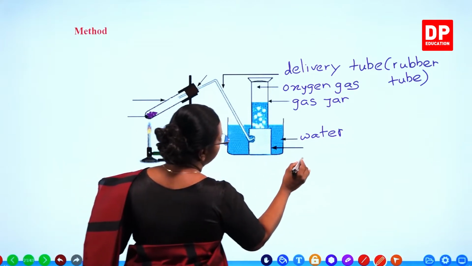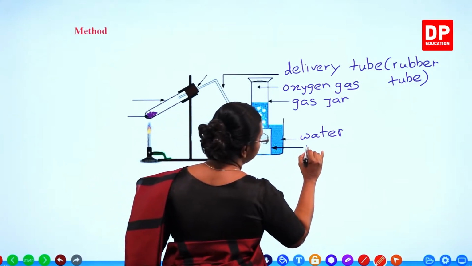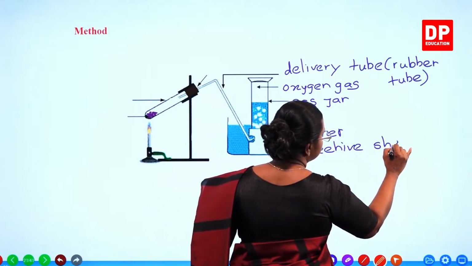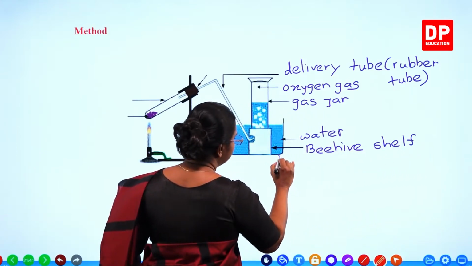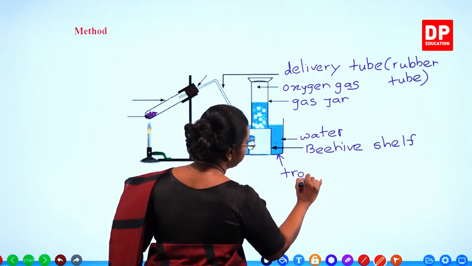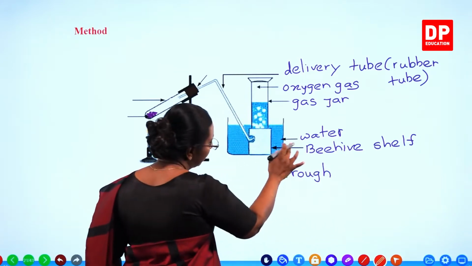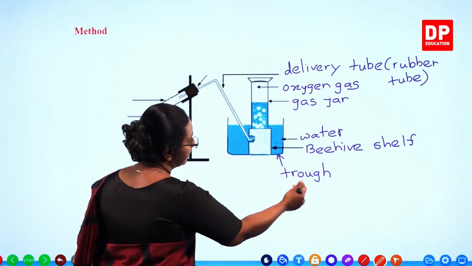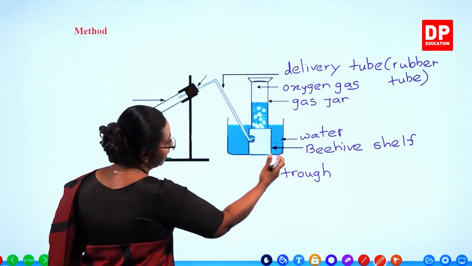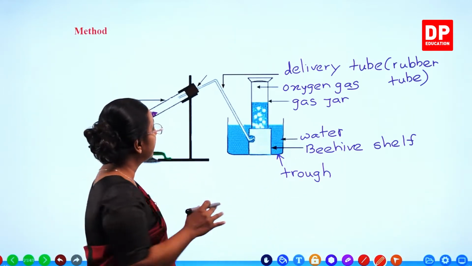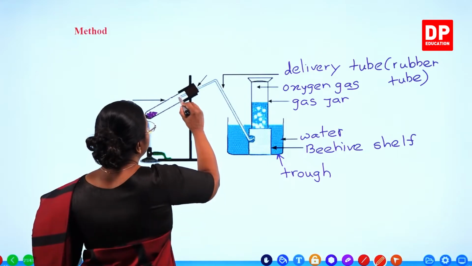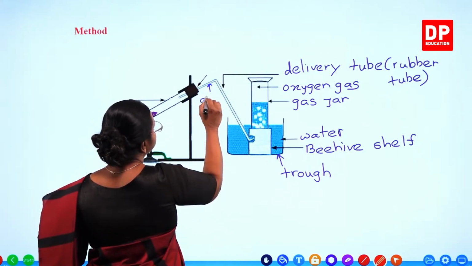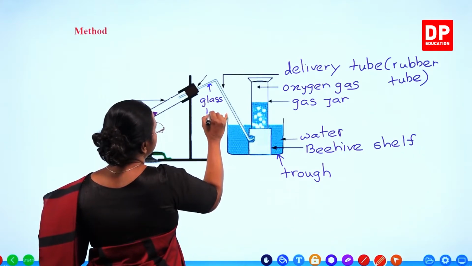Here the arrow points to this beehive shelf. And this is the trough. So you just need to look at where the arrow points. Here of course it points to water. So I have marked it as water trough, or else you can write it as trough containing water, as long as you know what that is. And at this point we will have the glass tube.